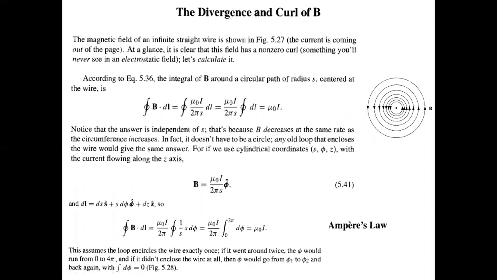Now, the divergence and curl of the magnetic field is also something interesting. The magnetic field of an infinite straight wire is shown here. Now, the current is coming out of the page. At a glance, it is clear that the field is non-zero.